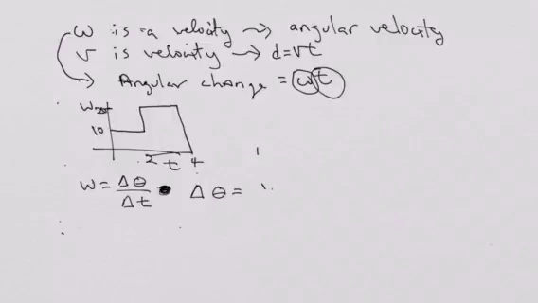If this equation is true, then change in theta is equal to omega times delta t.